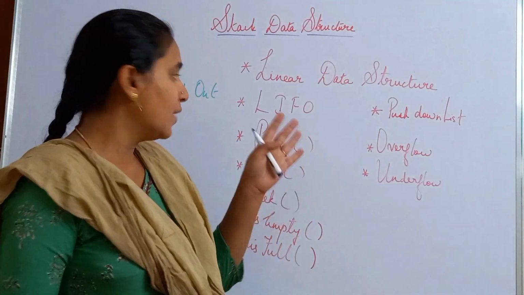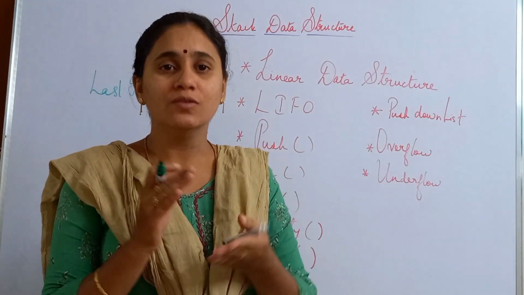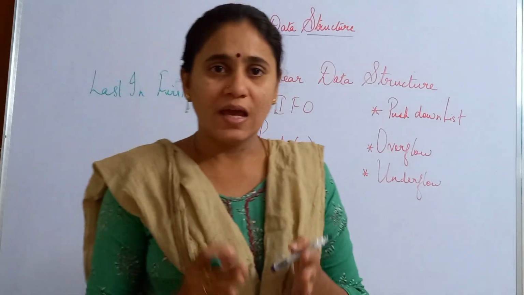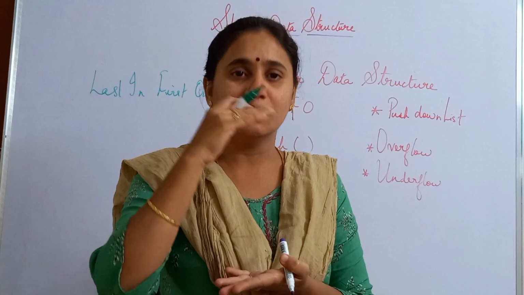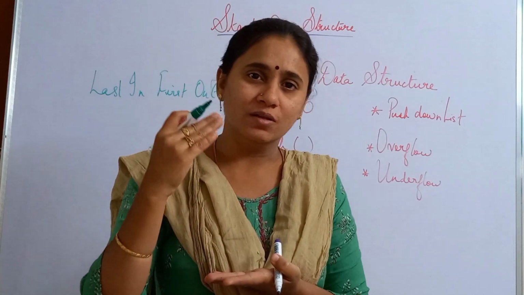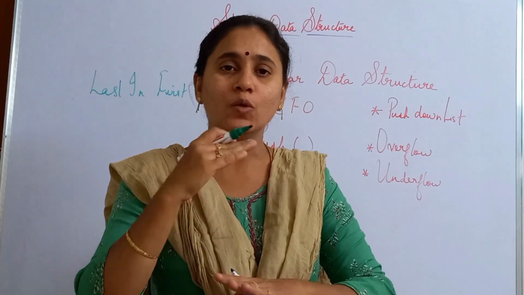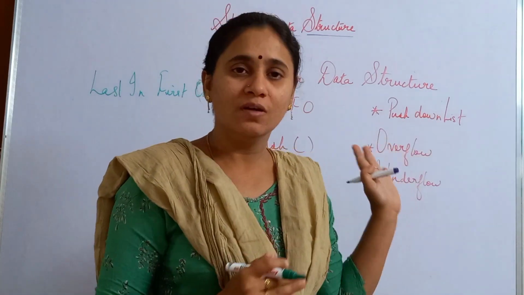Now I am going to tell how the elements in a stack get stored. Generally, what is the meaning of a stack? A stack is nothing but arranging some books or items or other materials one by one, so the items are one above the other, isn't it? It is the same here also.